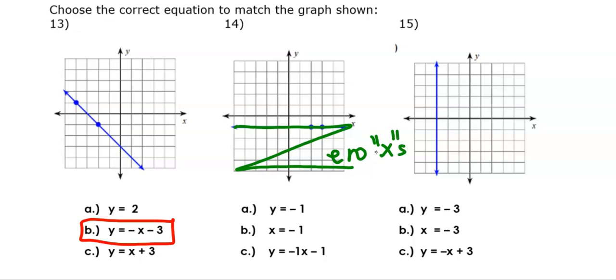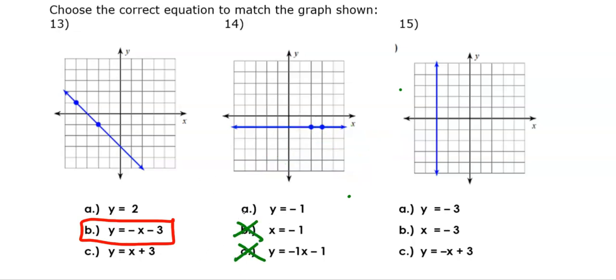So the slope is 0. So if I have y equals 0x, that means there are no x's at all. There can be no x's at all in our equation. So that means that this is out and this is out. You'll also notice that the y-intercept is -1.